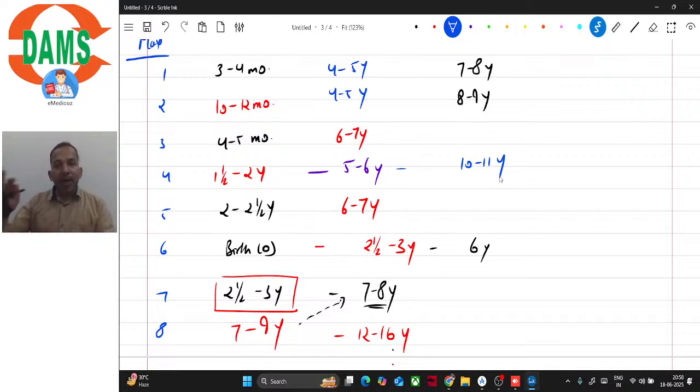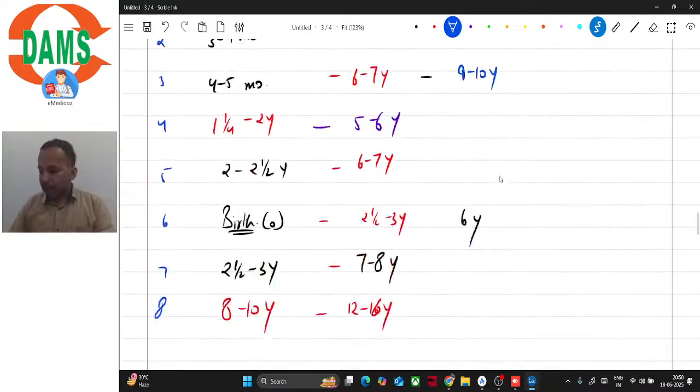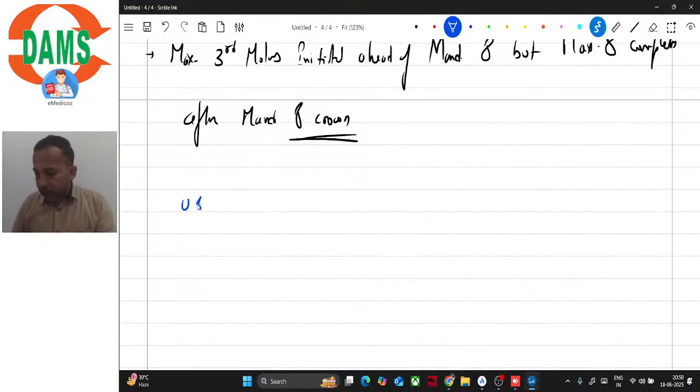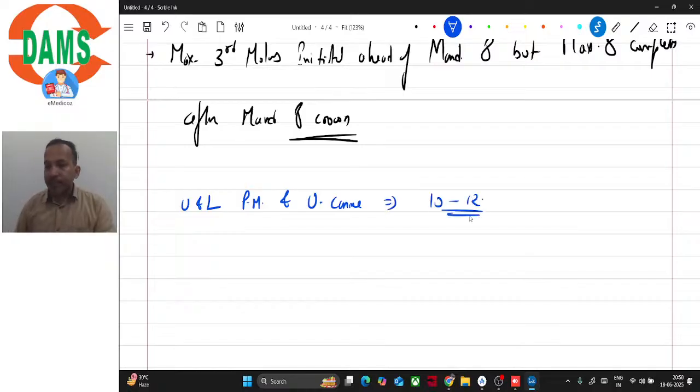Now remember that upper and lower premolars and the upper canine will erupt in the duration of 10 to 12 years, right? To ease the dates, the teeth that erupt earlier will erupt at about 10 to 11 years.